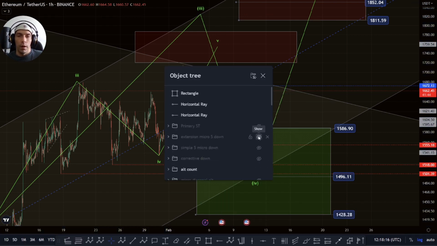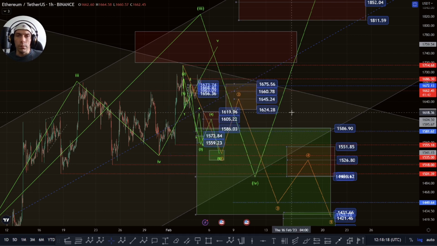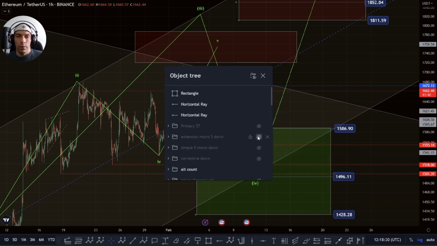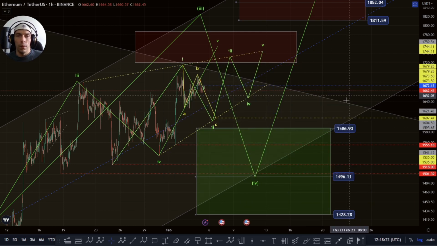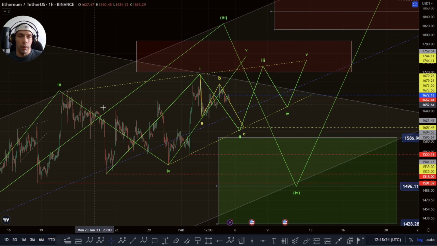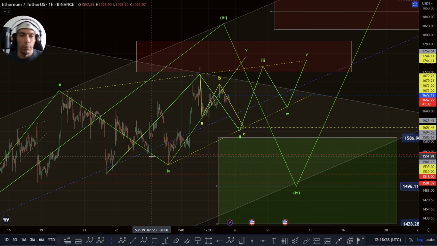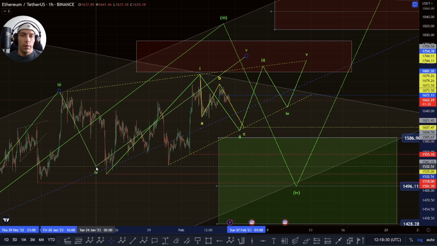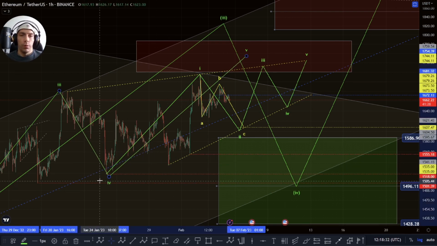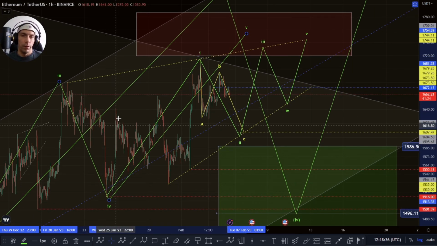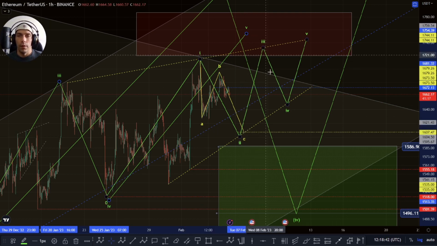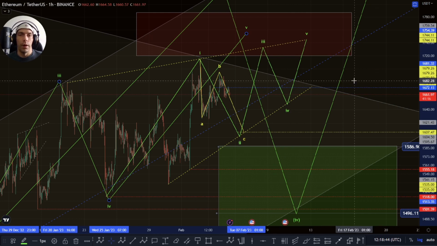That's the wrong one. This is down. Okay, so this is a way that I had a look at it this morning, and I thought, okay, this is a viable option. Technically speaking, if we completed our fourth wave back here, we can argue that we could see a diagonal play out where this is a 1, we get a 3-wave move down for a 2, and then we get a 3, a 4, and a 5 to the upside.